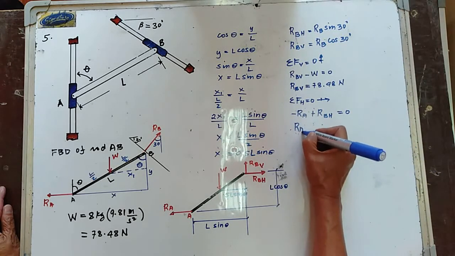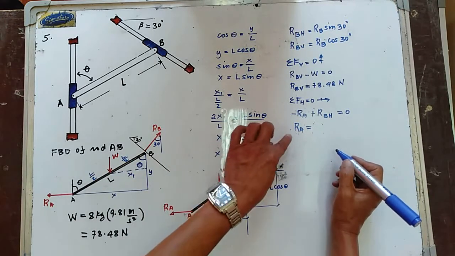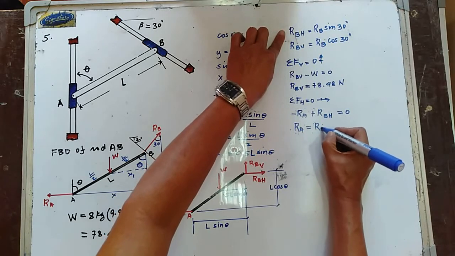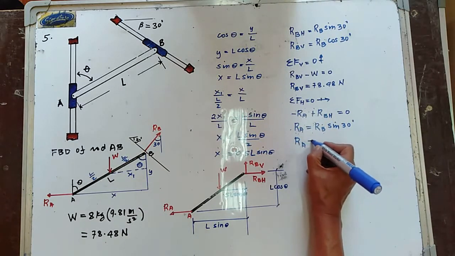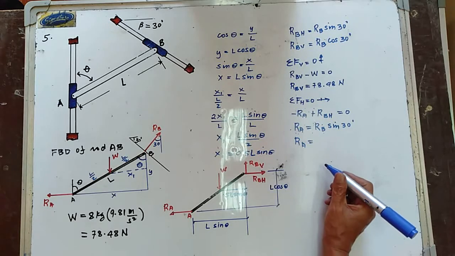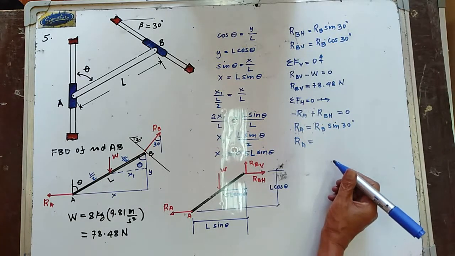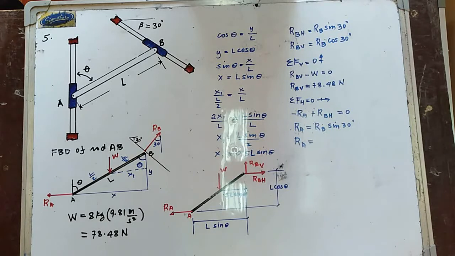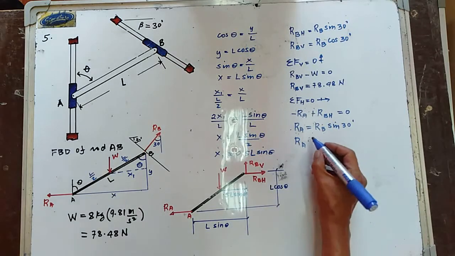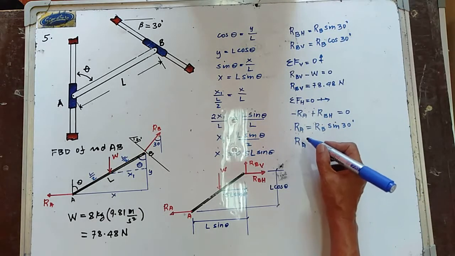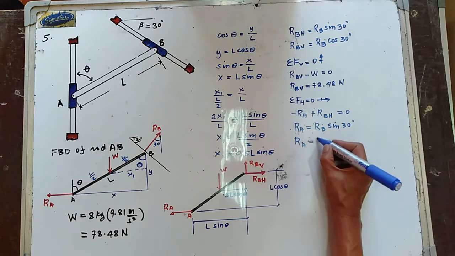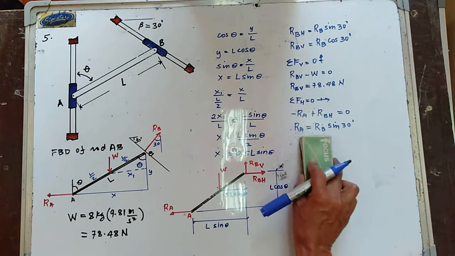So your RB horizontal is equal to RB sine of 30 degrees.